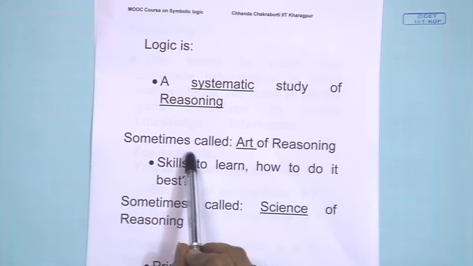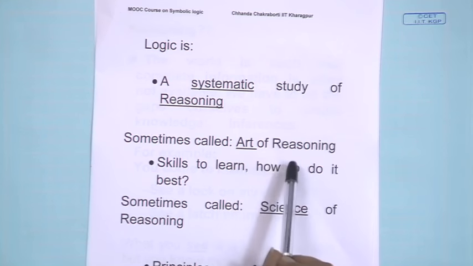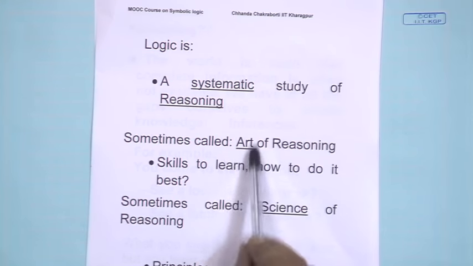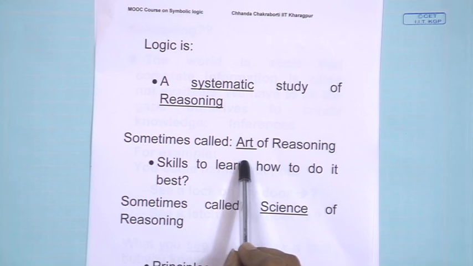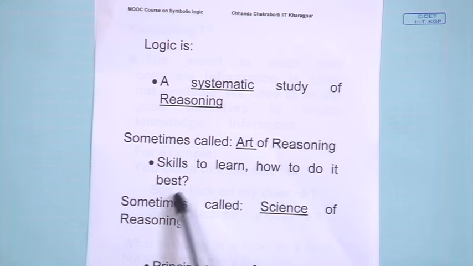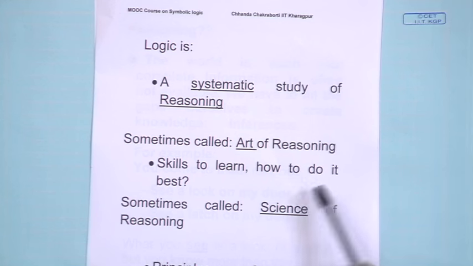Sometimes it is called an art of reasoning. I hope you know the difference between art and science, but art requires some sort of skill. So, when we talk about logic as an art of reasoning, we are talking about skills to learn, and ways to think about how to do reasoning best.